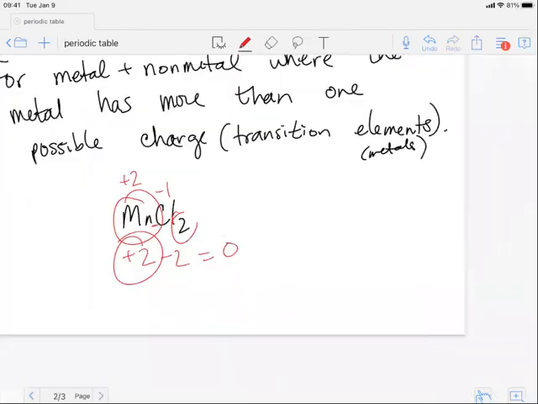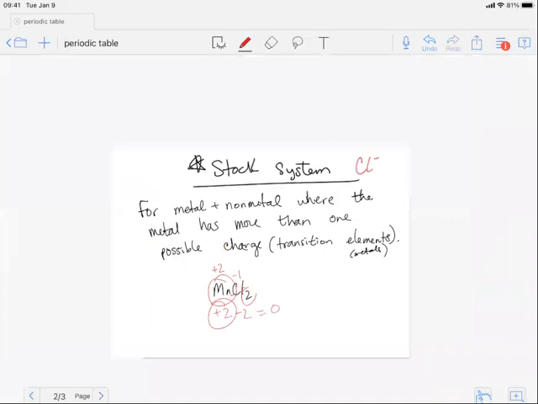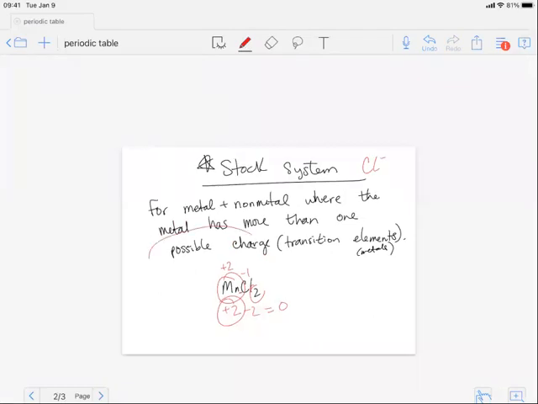So what do I name this thing? You do it exactly the same way that I taught you before, but you have an extra step because they have more than one possible charge. When you name the compound, you have to indicate which of those 4 charges this compound represents.